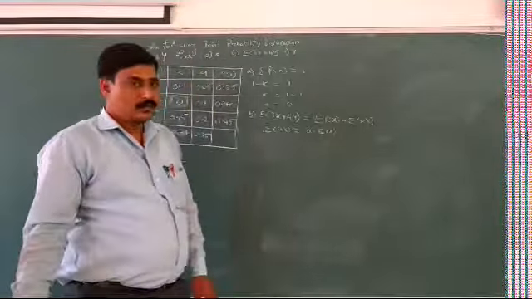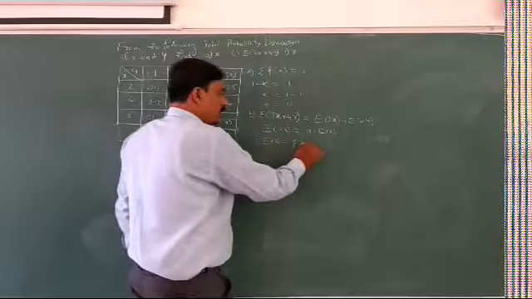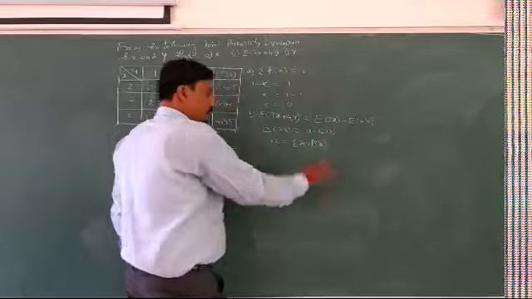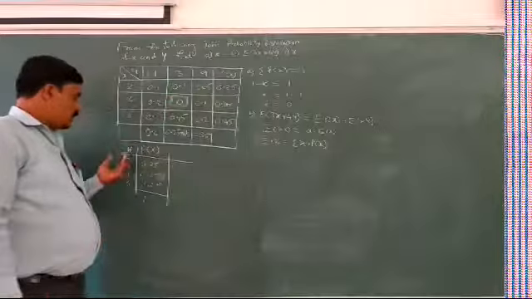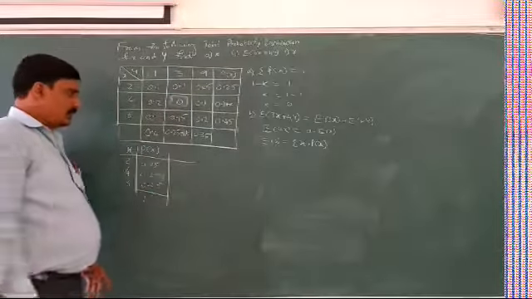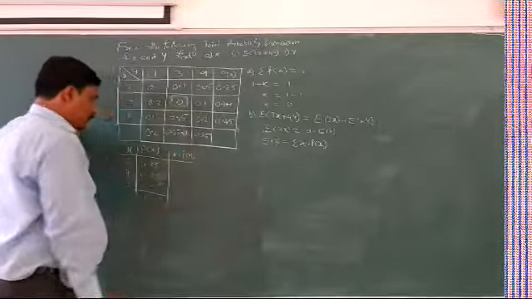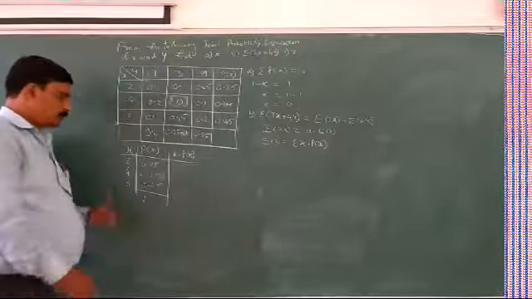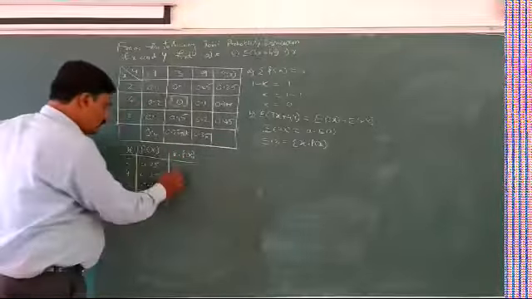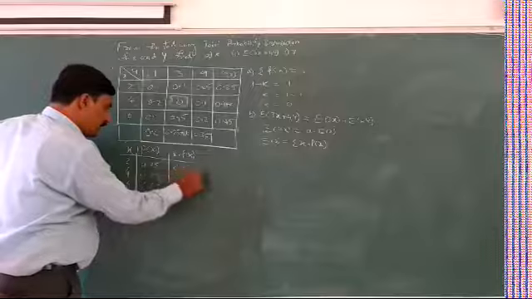First, E of x is equal to summation of x into P of x. So x and their respective probabilities are here. Just multiply x into P of x. So 2 into 0.25 is 0.5.